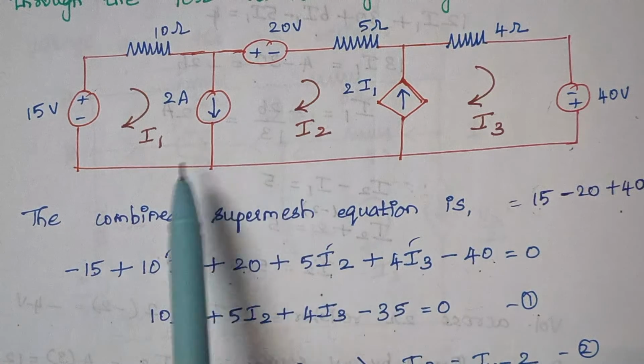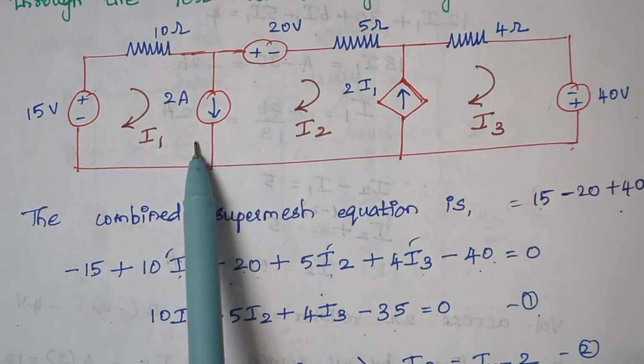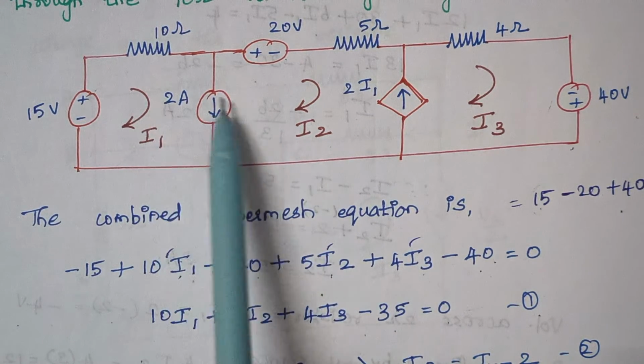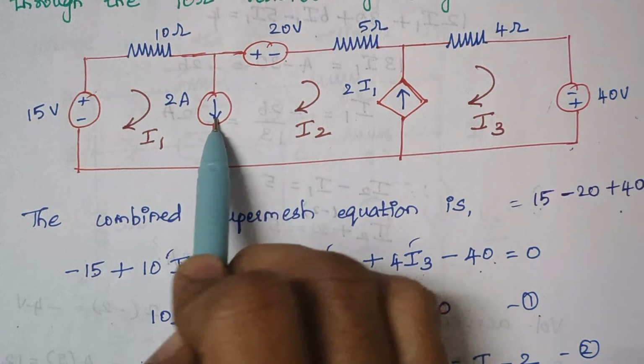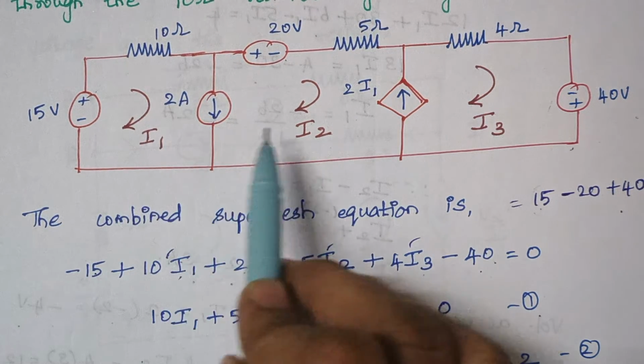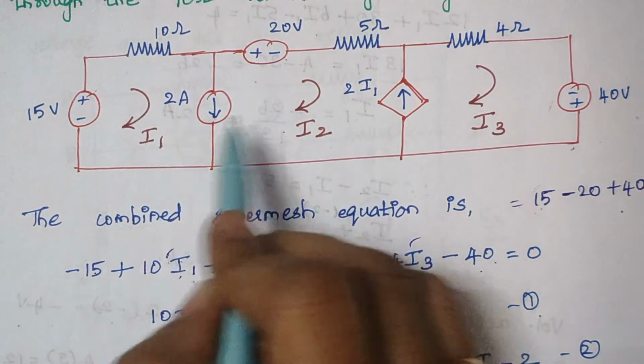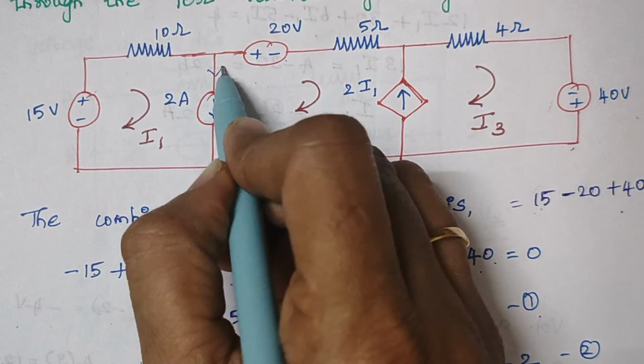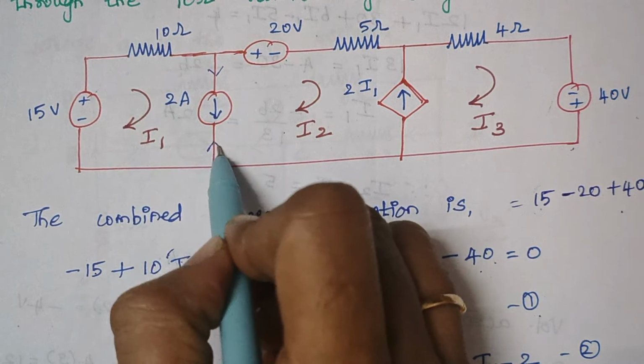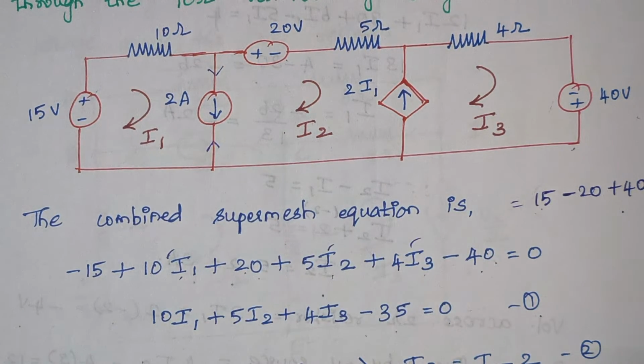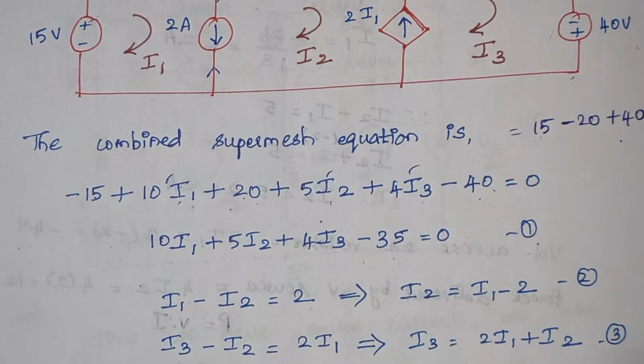Now we are going to write the relationship between the currents. This 2 amps is common to the first loop and second loop, and when you look at the direction of current flowing, I1 flows like this and I2 flows like this. They are opposite to each other. Therefore I am writing I1 minus I2 equal to 2.